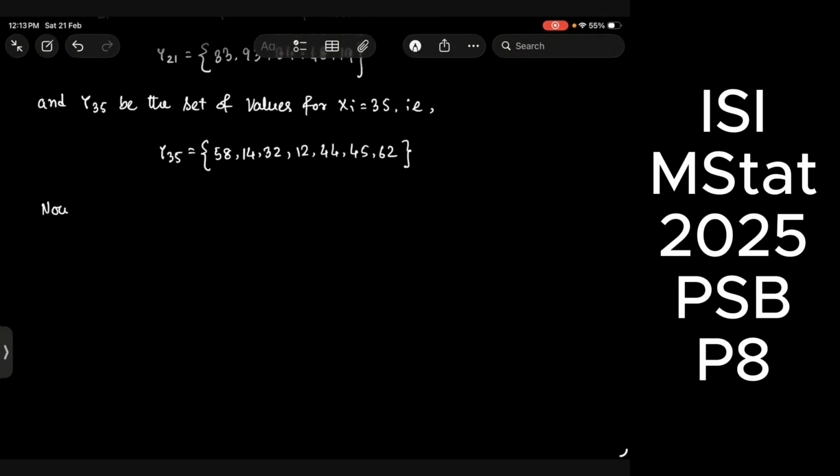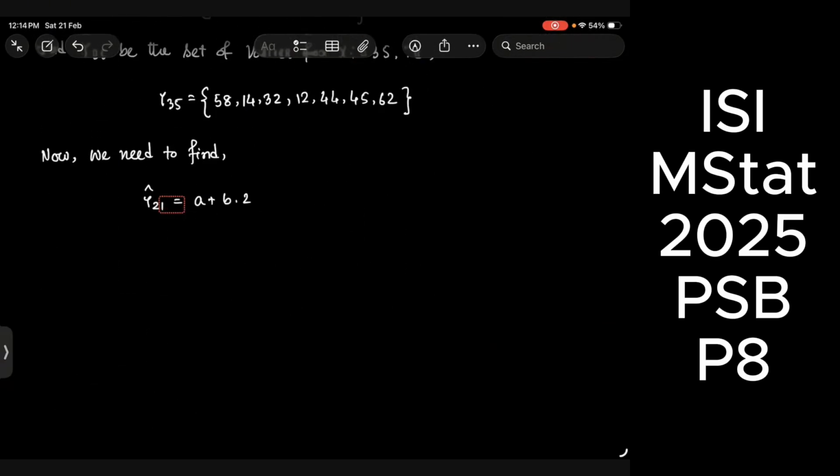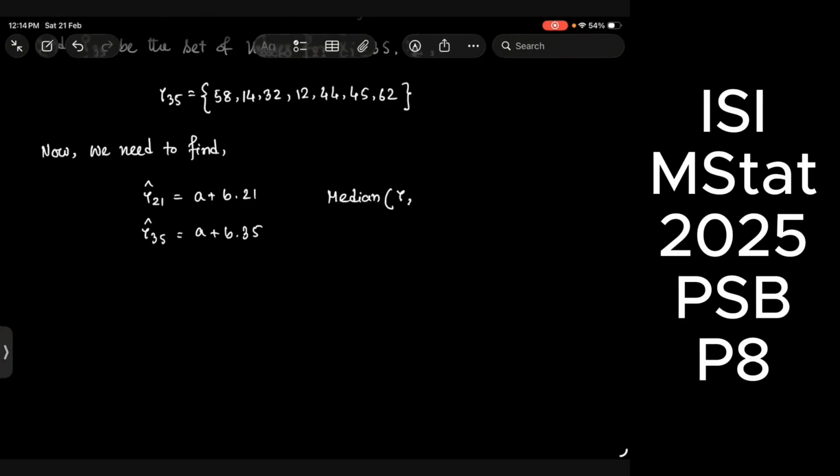Now we need to find the median of the set y21.